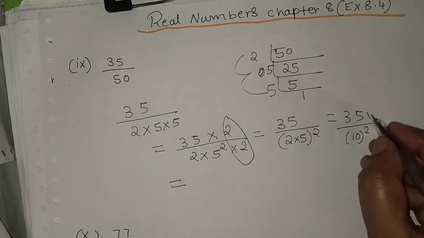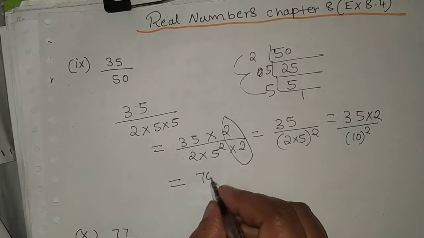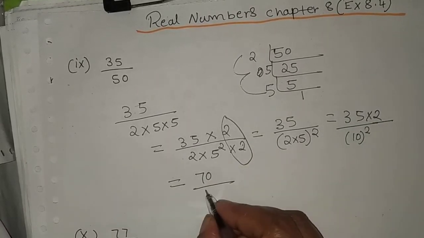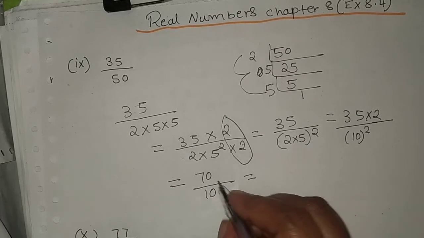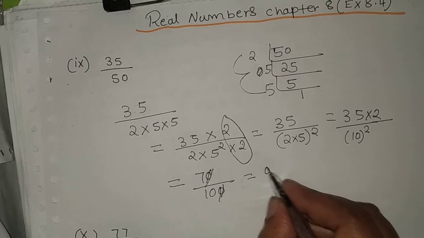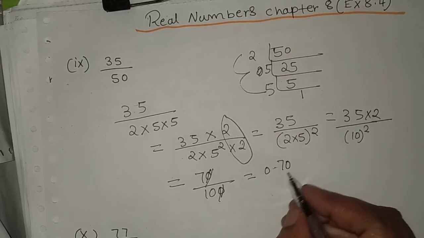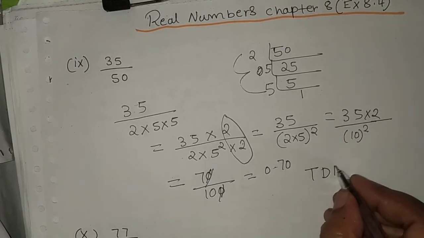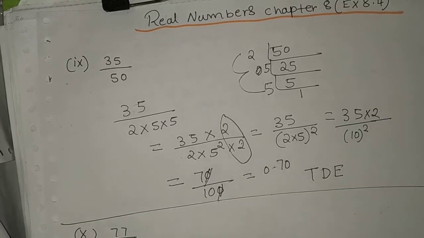Therefore 35 into 2 is 70. 70 by 100 is equal to 7 by 10. We get 0.70, which is in the form TDE, terminating decimal expansion.